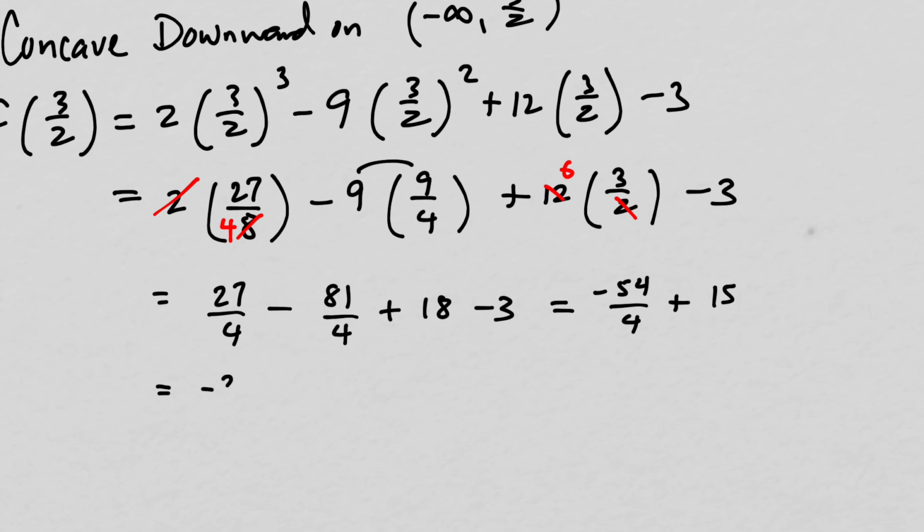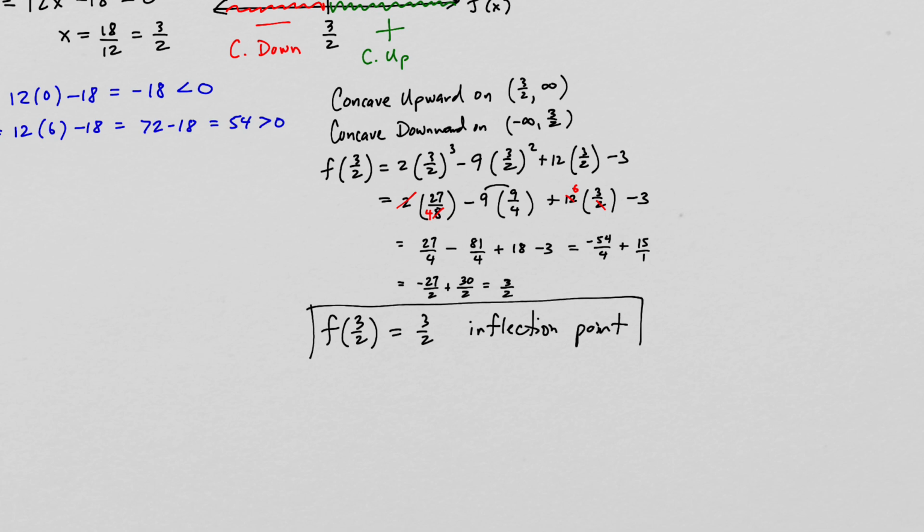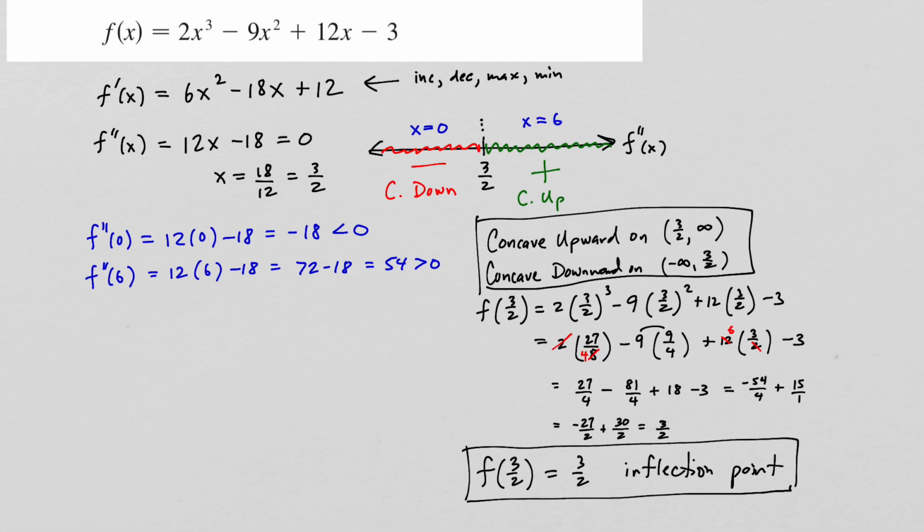And this is negative 27 over 2 plus 15. I can write over 1, and that means it's the same as 30 over 2, which would be 3 over 2, which is interesting. So f of 3/2, which is also 3/2, is our inflection point. Okay, and so that is the point on the graph where it changes concavity, and then here are the intervals where it is concave upward and concave downward.